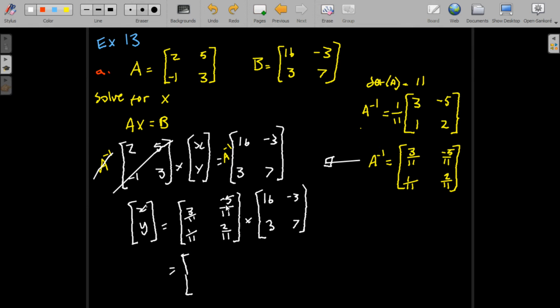You can pause the video here and fill out the rest by yourselves. Good practice for multiplying matrices. Once you've done that, should get the answer 3, minus 4, 2 and 1.